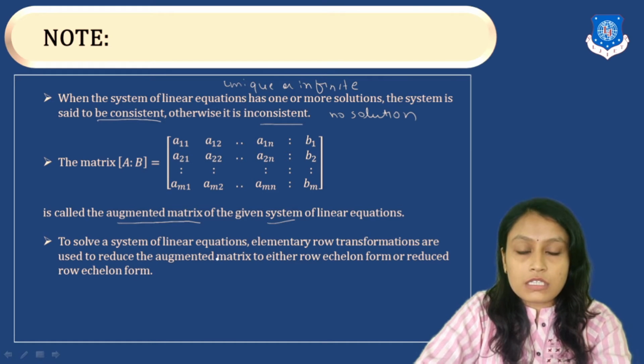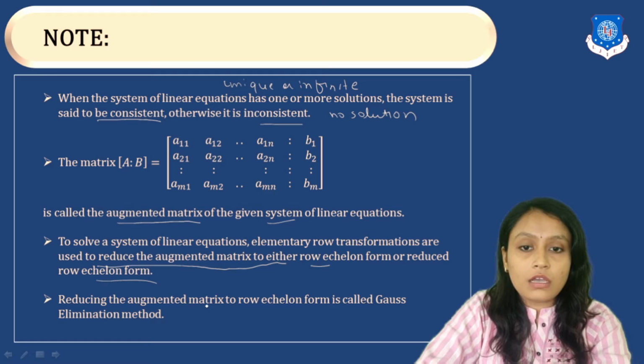To solve the system of linear equations, elementary row operations are used to reduce the augmented matrix to either row echelon form or reduced row echelon form. So what we have to do is reduce this augmented matrix either to the row echelon form or to the reduced row echelon form, right?